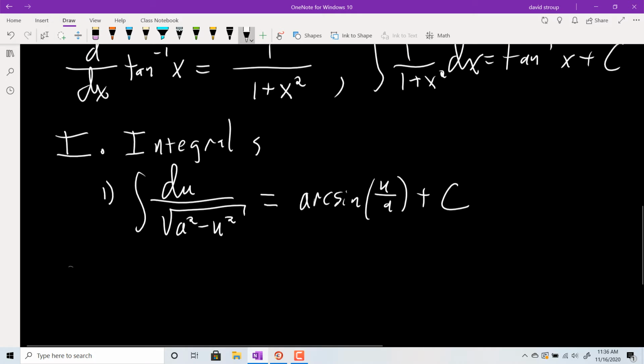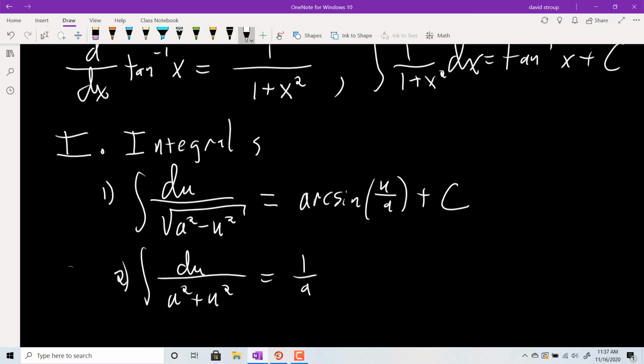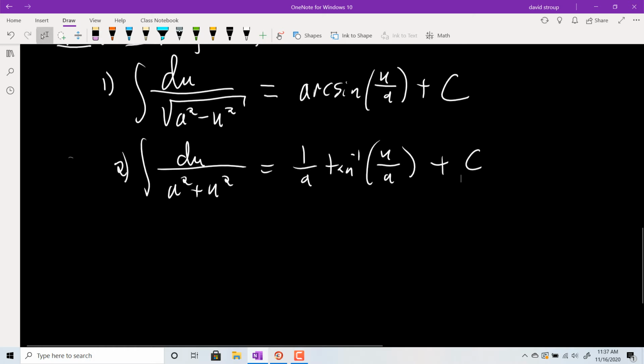And then for the tan inverse function, it's du all over a squared plus u squared, which will be 1 all over a times arctan, or tan inverse, of u all over a plus c. Those two I want you to have memorized.